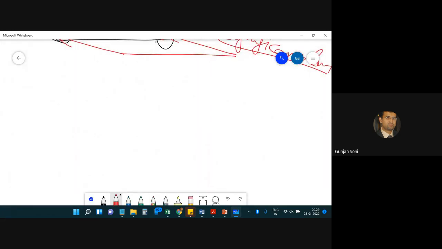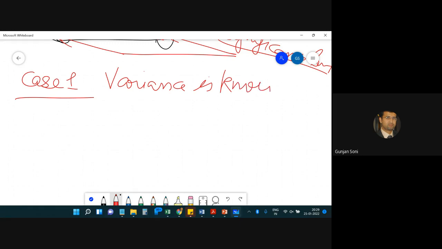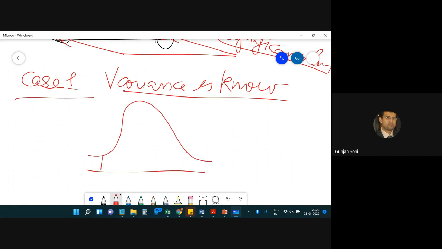Let's say case one: when the variance is known, the variance of the population is known already. So when the variance is known, I fix this area as alpha, let's say 5%.